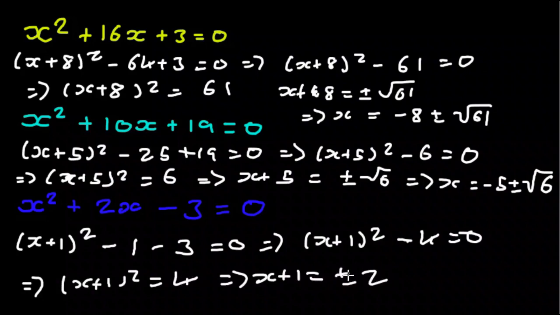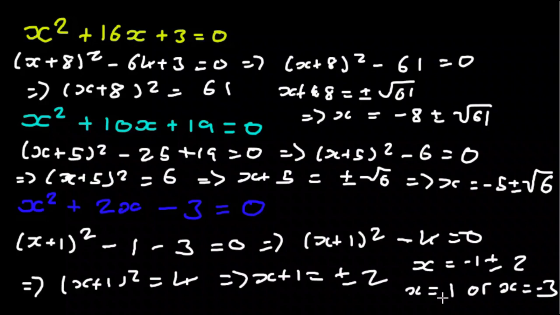So this one square roots quite nicely, and then subtracting 1 from both sides, we get x is equal to minus 1 plus or minus 2, so that's x is equal to 1 or x is equal to negative 3. So this one clearly could have been done using factorisation instead of this technique.